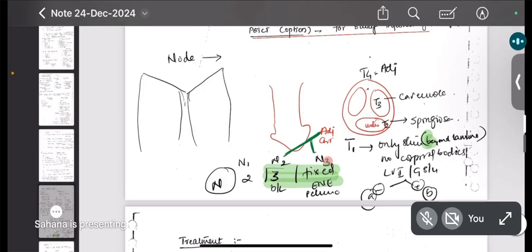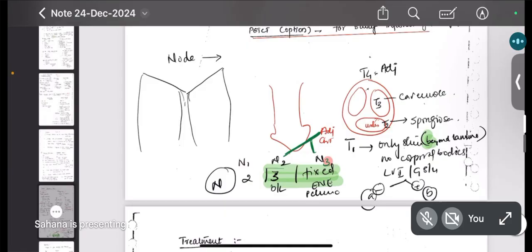No LVI, grade 1 is A. So T1a is beyond the basement membrane, like subepithelial tissue and fascia, everything can be involved, but the corporal bodies are not involved, and it is LVI negative. Coming to B, it is high grade, grade 2, grade 3, with LVI, that is T1b. Now, depending on the corporal bodies' involvement, it is T2 and T3.